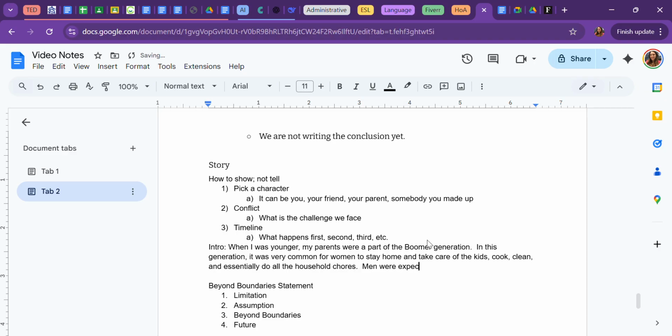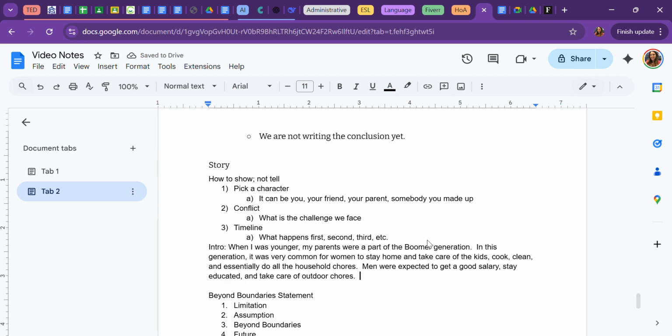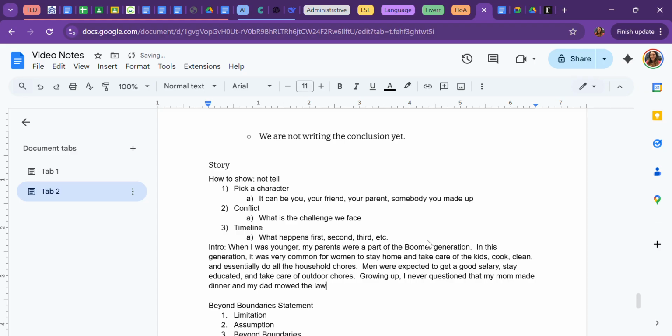Men were expected to get a good salary, stay educated, and take care of the outdoor chores. Growing up, I never questioned that my mom made dinner and my dad mowed the lawn.